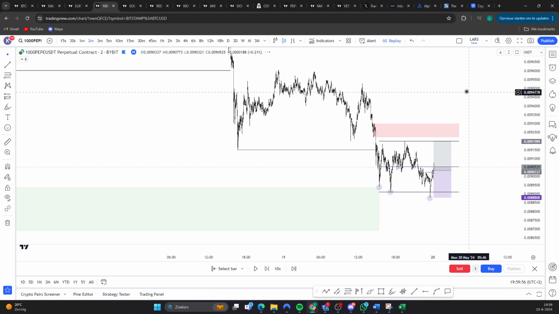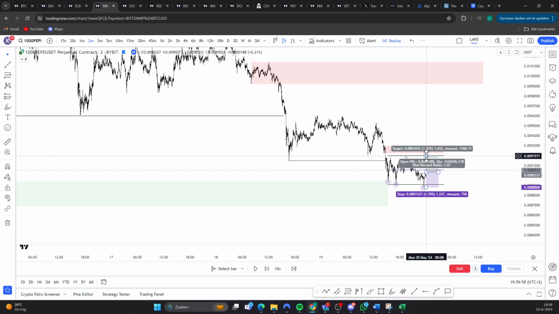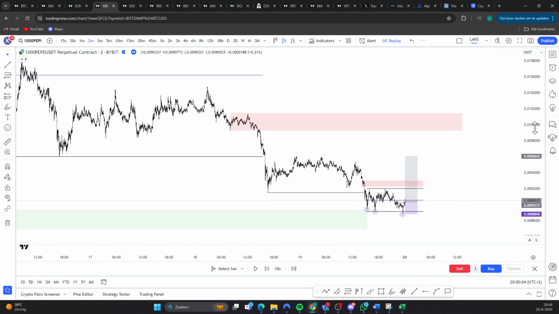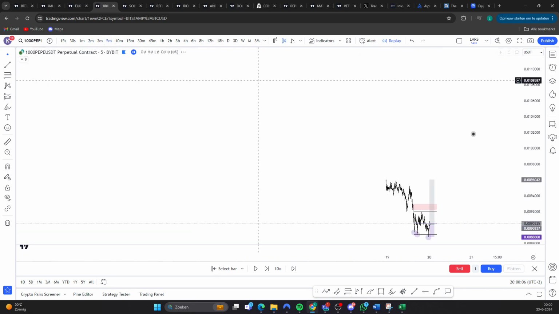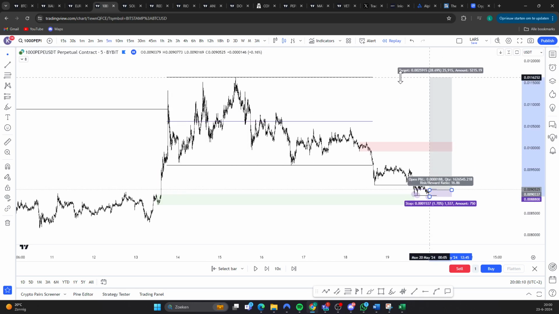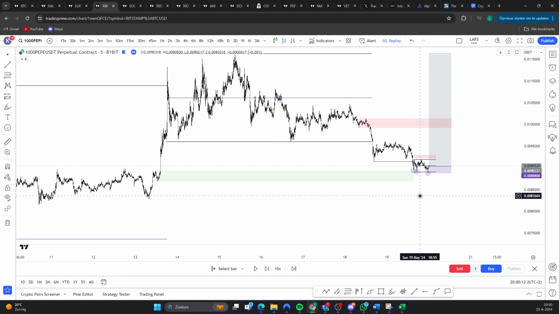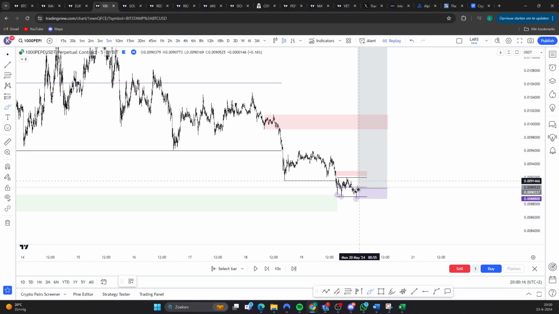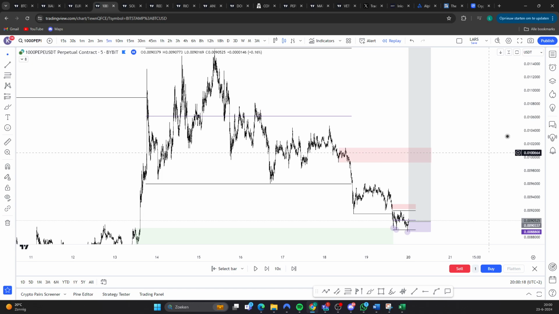It's a 1-to-1. But it can be the PO3 of this range, which makes it a 3.7. But this can be the PO3, and the manipulation phase of this whole move. So what I would do is I would actually open the trade with this potential.